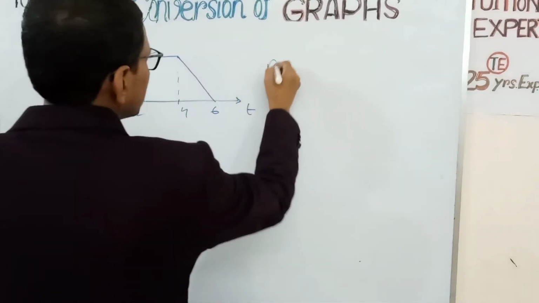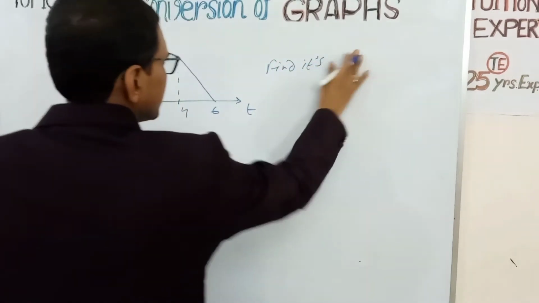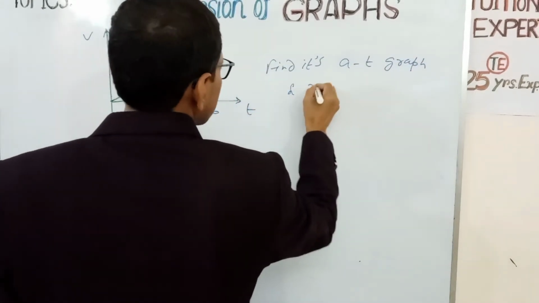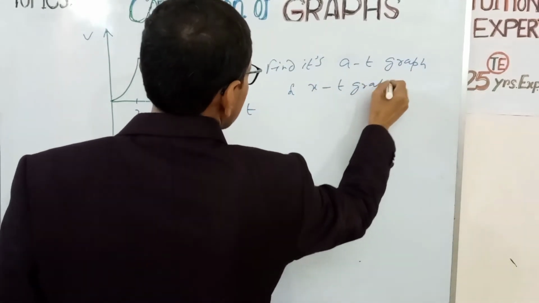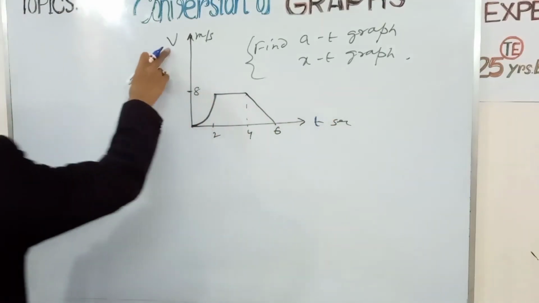Find its AT graph and XT graph, and the equation of V with T.